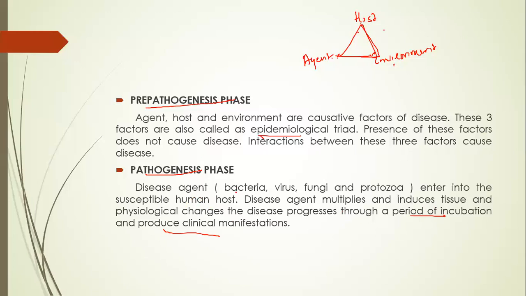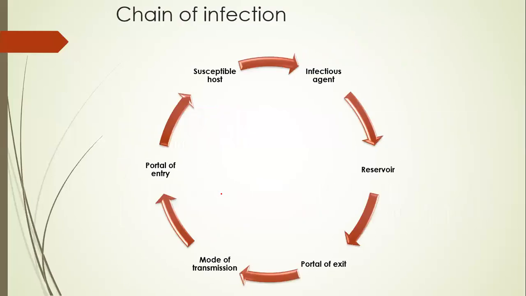After the invasion, they multiply and induce tissue and physiological changes, like inflammatory changes and reactions, through the release of certain toxins into the body. Through that, they may develop infections. Okay, next is the chain of infection.